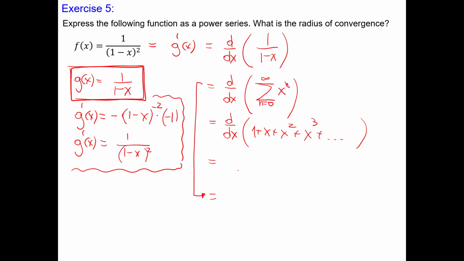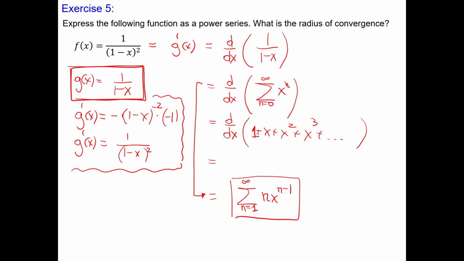That means we will have a summation, and the derivative of x to the power of n is just n x to the power of n minus 1. The only thing is we have to be careful with this index. Since the first term after the expansion is a constant, the derivative of the constant is 0. That's when we're losing the first term. Instead of starting from 0, we will start from 1. That means this is the final answer.